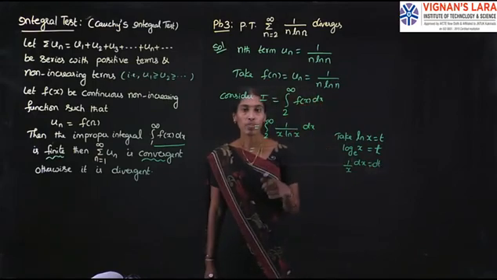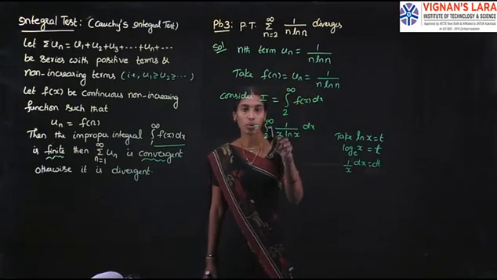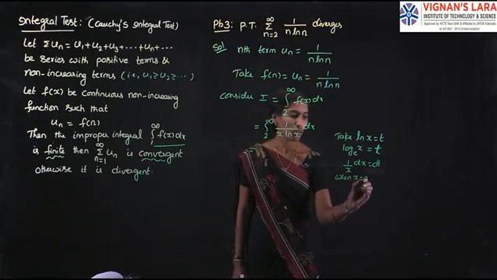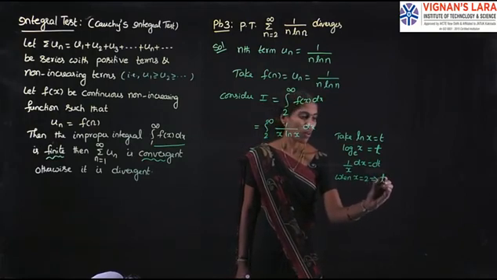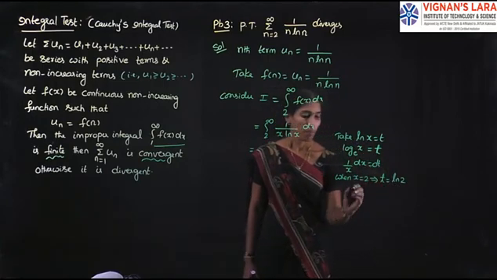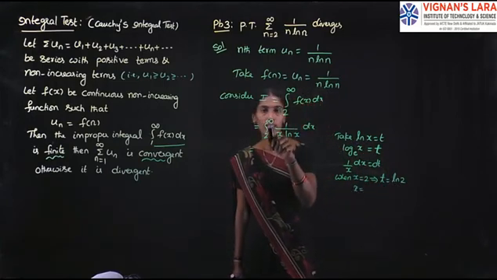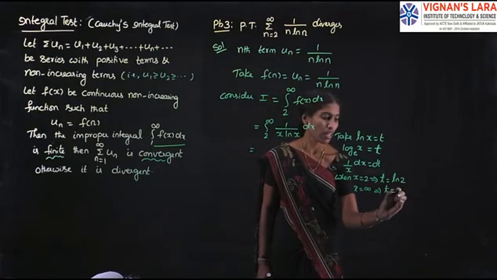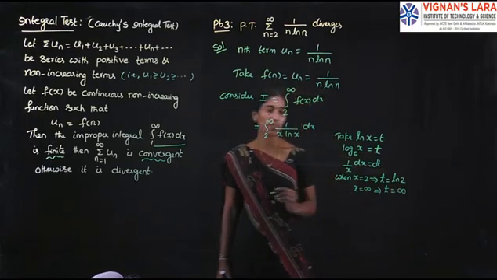What about the previous limits? The limits are 2 to infinity, right? So when x is equal to 2, t becomes ln of 2. When x is equal to infinity, t becomes ln of infinity, which is infinity.